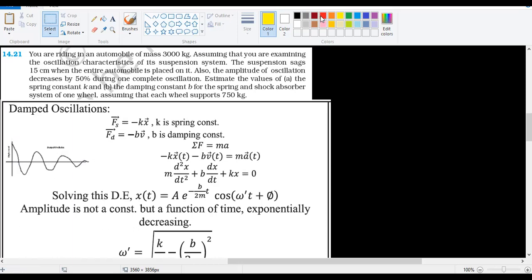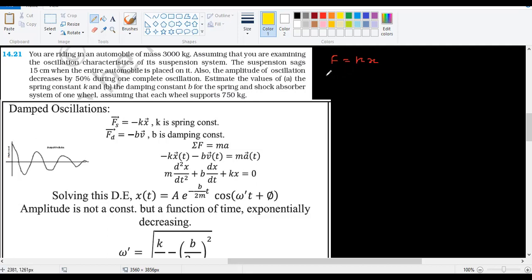Okay, since it is a spring system, I can use F is equal to Kx. So F is the force applied, 3000 kg into G, which is 9.8. Then they said each wheel is getting only 750, right? 3000 by 4 will give me 750.